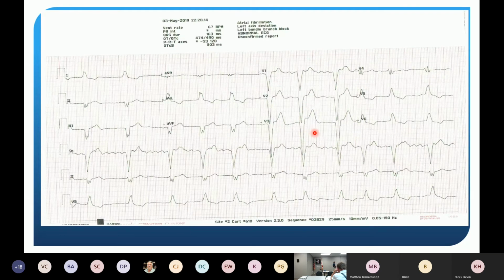I see no concordant ST elevation, so this is not a concerning EKG. It does not meet Sgarbossa criteria, so I feel pretty comfortable with this patient. Now, if they're diaphoretic, blood pressure's low, they look like dirt, I'm still concerned for the patient, right? Patient exam makes a difference, but this EKG is not super scary, all right?